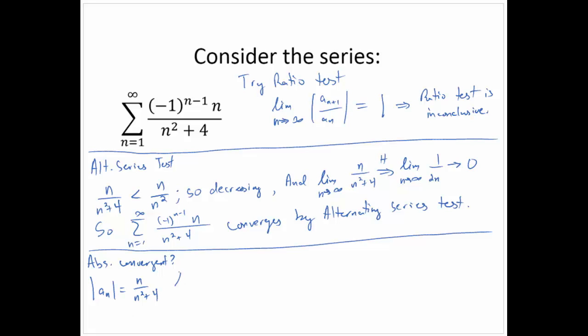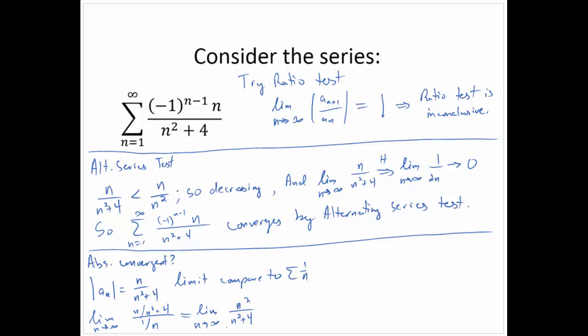So I'm going to now do a limit comparison. Let's limit compare to sigma 1 over n. The limit as n approaches infinity of n over n squared plus 4 over 1 over n is the limit as n approaches infinity of n squared over n squared plus 4.